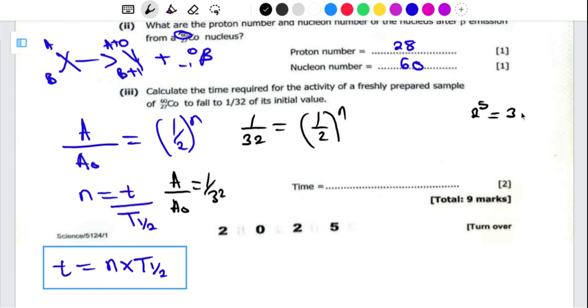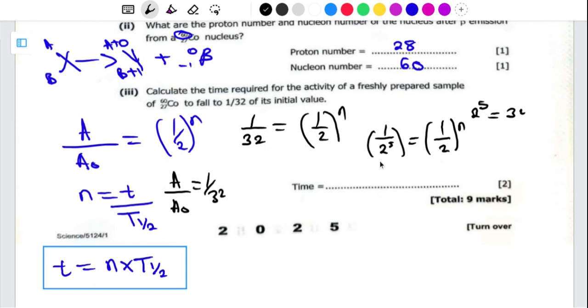So I can say we have 1 over 2 to the power 5, and this is equal to 1 over 2 to the power n. From there, I can take this 5 and put it outside, because it is not going to have any effect on 1.